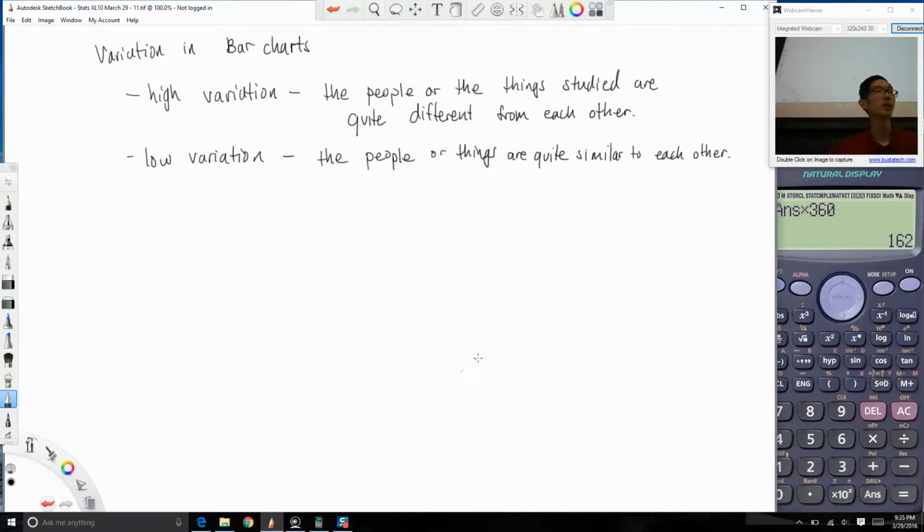Okay, so this is the concept of variation. And so let's talk about variation. Remember, we're talking about variation of the people or things that we're studying, okay? So bar charts are for categorical data.